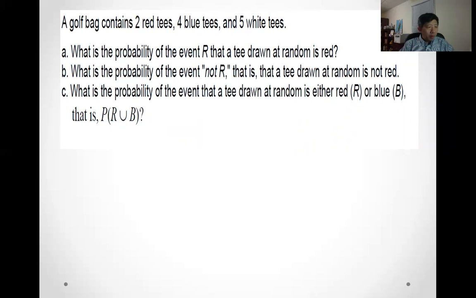What's the probability of event R, that a tee drawn at random is red, all right? We take 2 plus 4 plus 5, which is equal to 11. So that's the total outcome, all right?